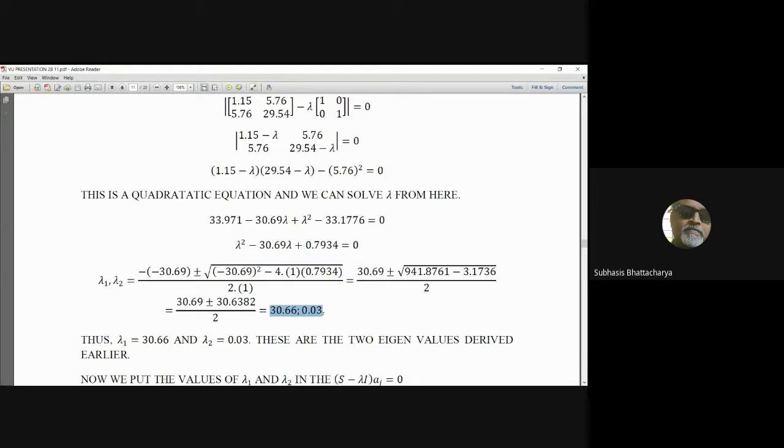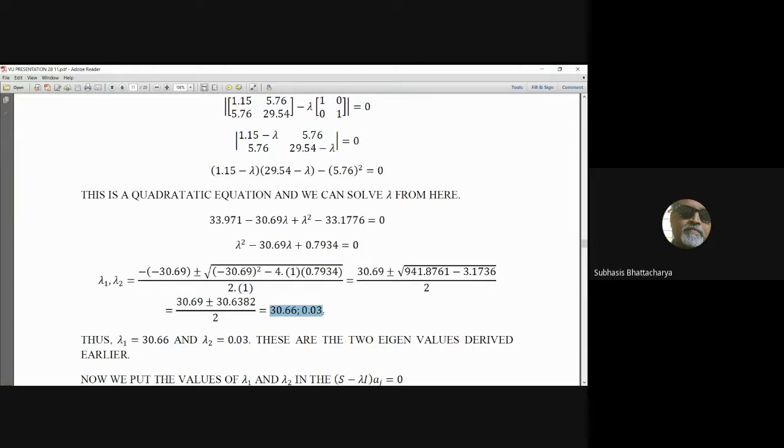These two are the eigenvalues, which are also shown by software like SPSS, EViews or Jamovi. This is the calculation of the eigenvalues; I am just giving you the idea by considering the two variable case.